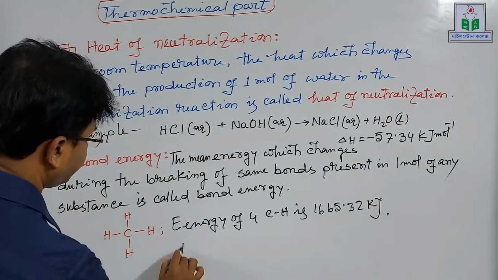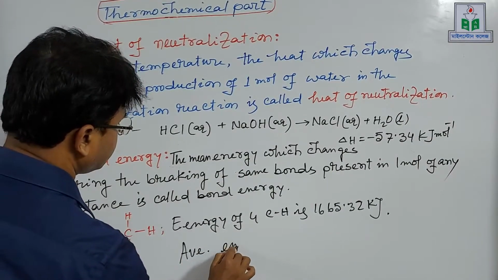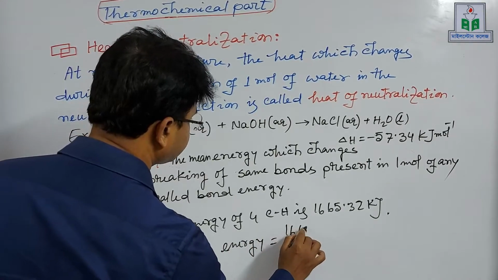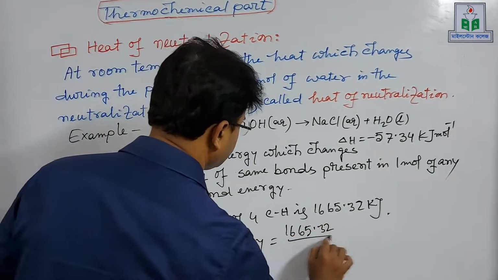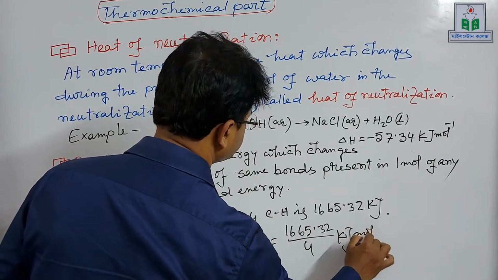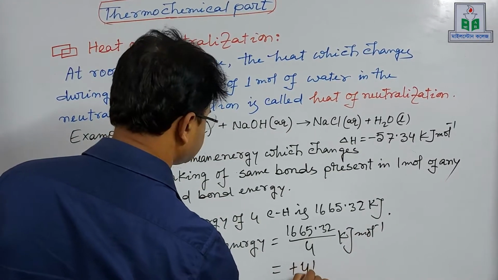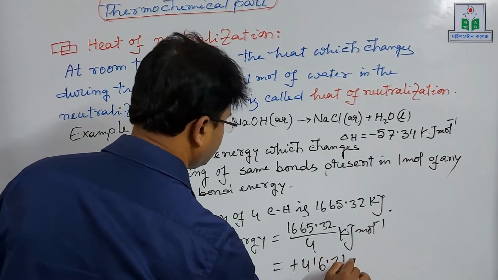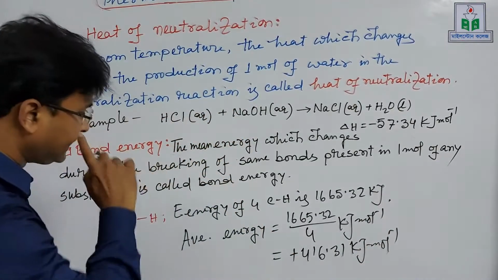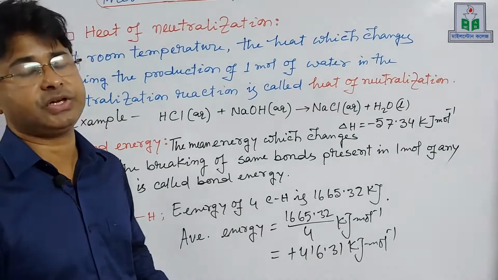So the average energy is equal to 1665.32 divided by 4 kilojoule mole inverse, equals 416.31 kilojoule mole inverse.